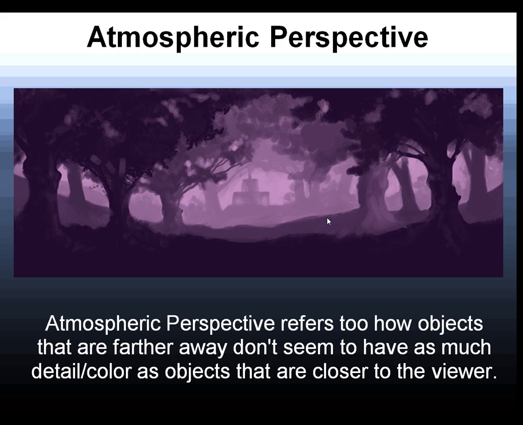If you see mountains that are super far away and they seem faded, they seem washed out, that's because in the air between you and that object, dozens and dozens of miles away, there are particles of moisture, particles of dust, things in the air that you can't see. And what that does is it ends up masking the object that you're looking at, so it seems washed out and almost semi-transparent, or not transparent, but kind of foggy looking.